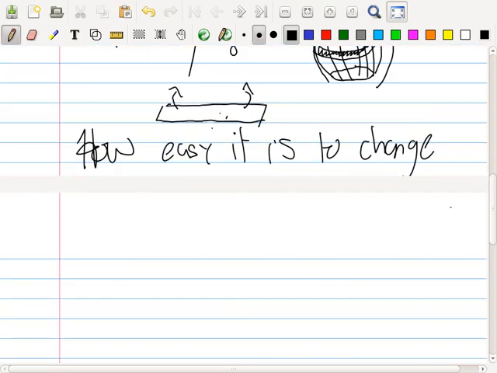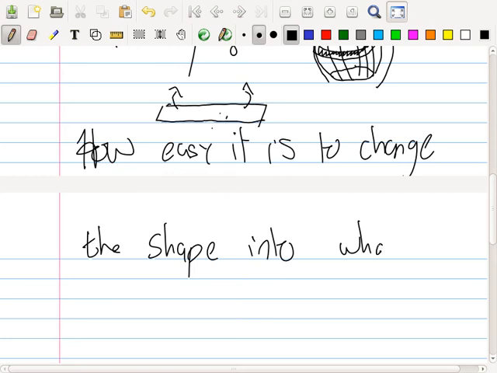Okay, how easy it is to change the shape into what you want. Something like this. Okay, without breaking, of course.